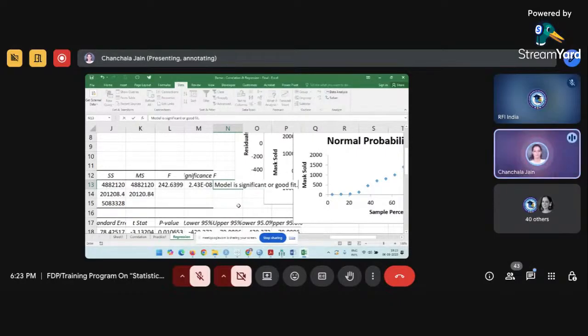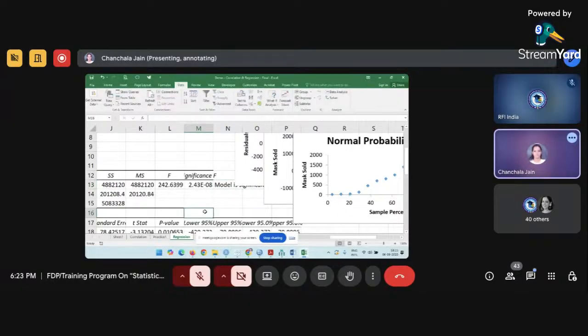You are comparing the significance value with alpha, the level of significance. Always we compare the significance value with the alpha value. Here it is less than 0.05, which means your model is significant. Whatever model you make using this output will be significant, or a good fit between your variables. Okay, madam.